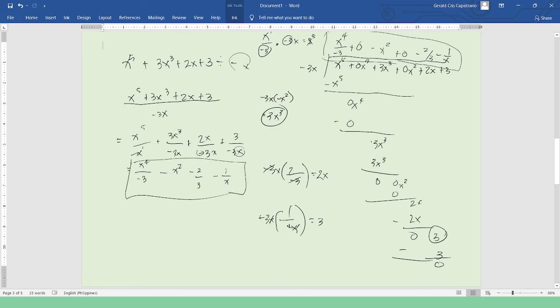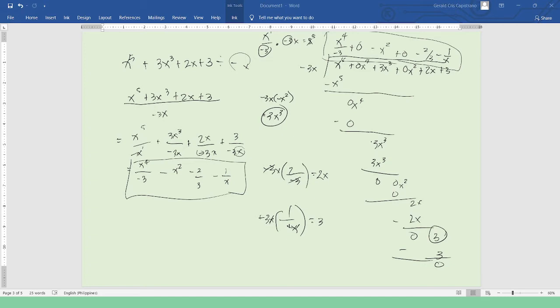So, any method that will suit you, or kung ano man yung mag-fit sa iyo, yun na yung piliin gamitin. Okay? So, that is division using polynomials, or division using monomials. Okay, so that's the basic.